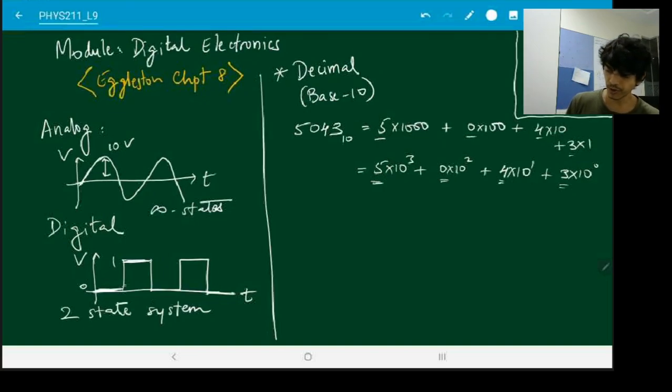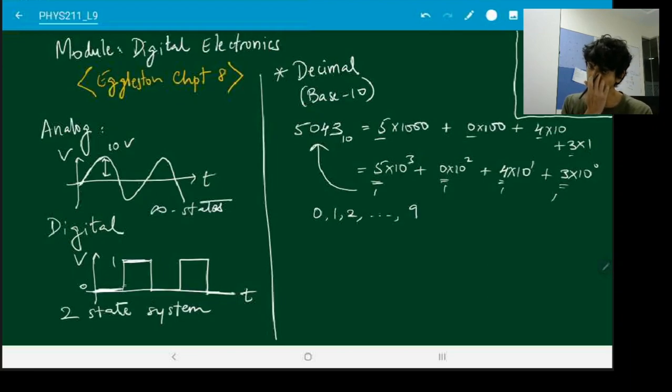So if I want to express any number in base 10, all I need to do is put these coefficients together, and that is what gives me this number 5043. How many such coefficients do I need? I need the digits 0, 1, 2 till 9. If I just have these 10 symbols, then I can express any number in base 10, in decimal.